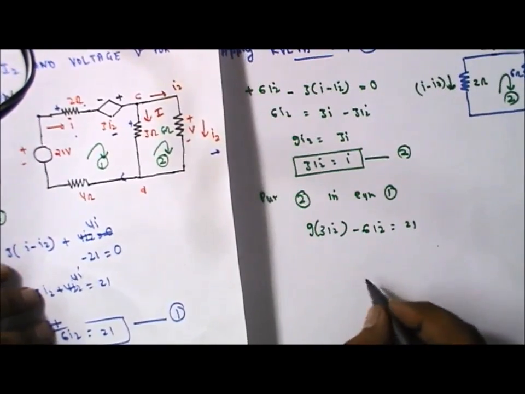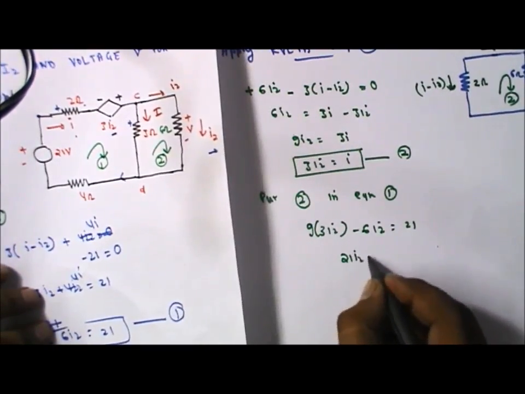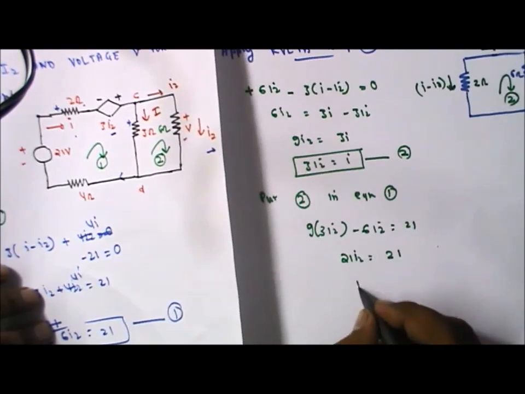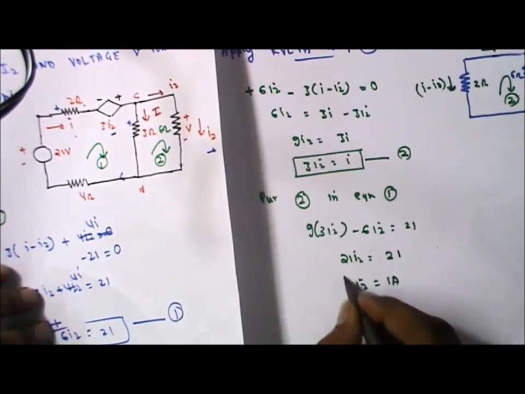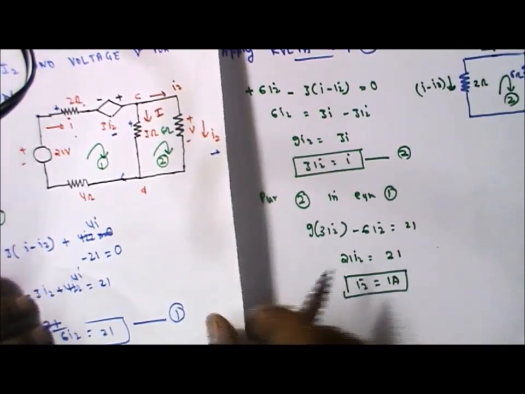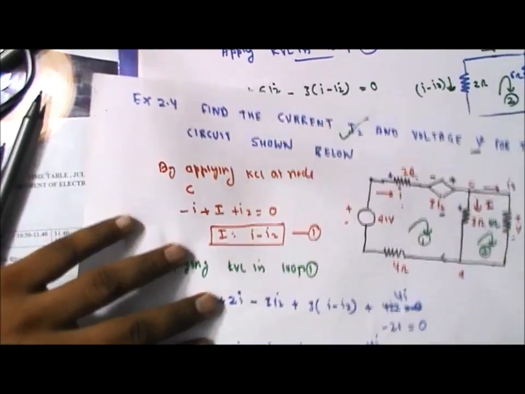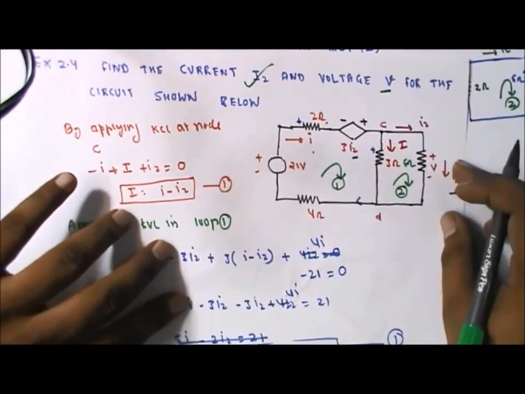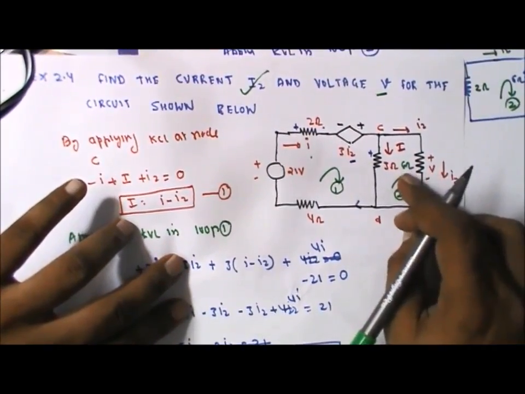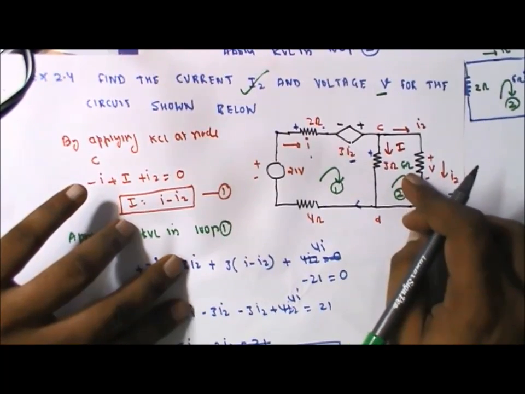On solving, 21I2 should be equals to 21. I2 equals to 1 ampere. We have to calculate the I2. It is calculated. Now we have to calculate the value of V, and V is basically the voltage drop across this 6 ohm resistance.